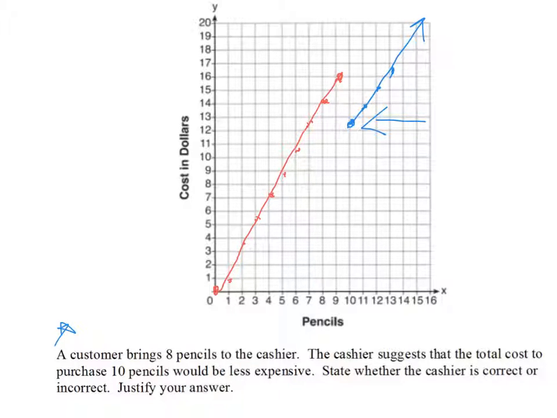So the cashier is correct, because based on the graph of the piecewise functions, the value of 8 pencils is greater than the value of 10 pencils.